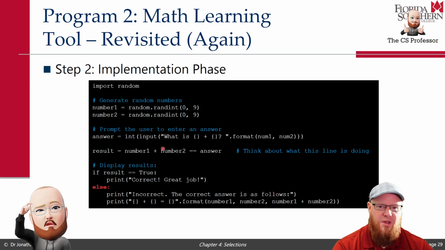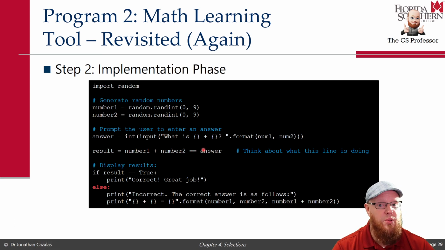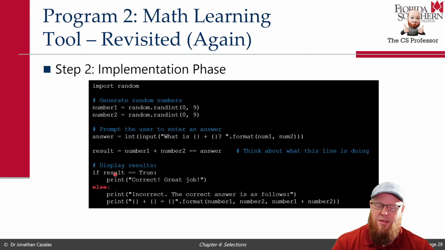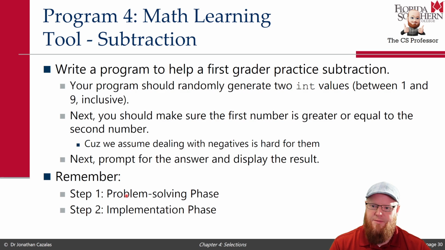Don't be confused. That's a Boolean expression, which is going to give you either true or false. So we're going to take that true or false and save it into result. And then I'm just checking, hey, if result is true, print correct, else print incorrect.